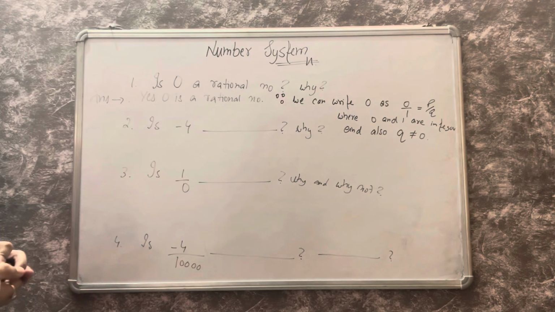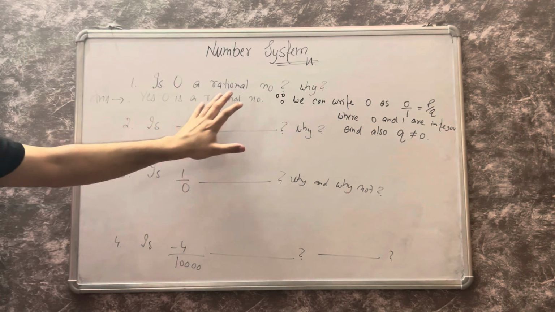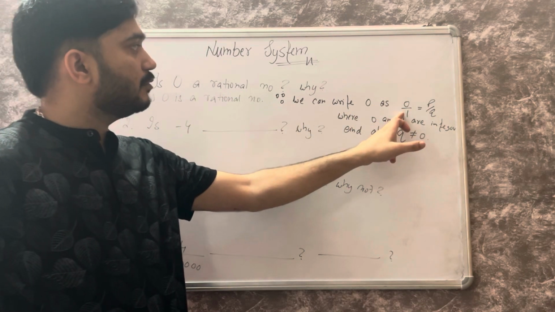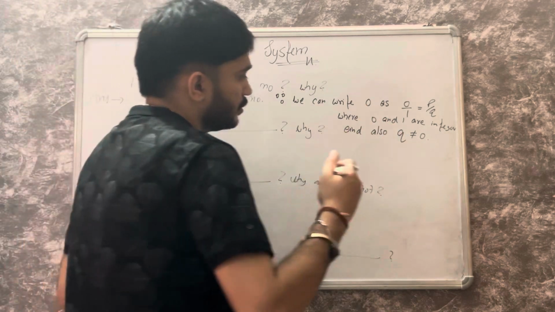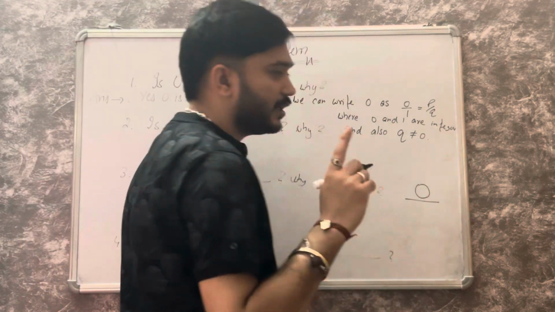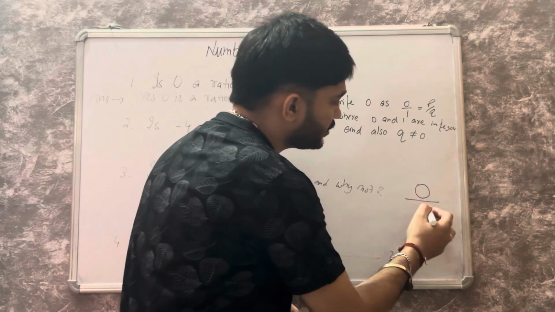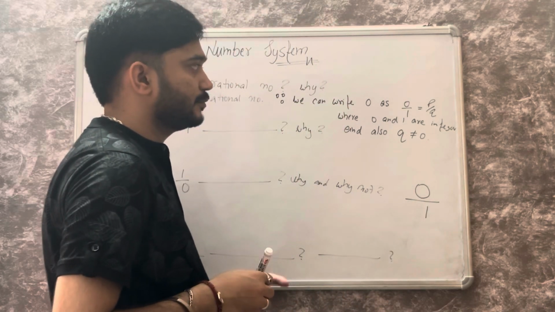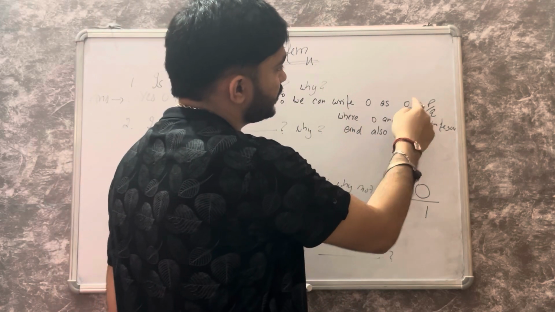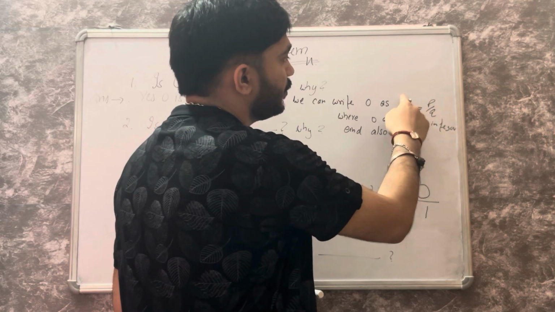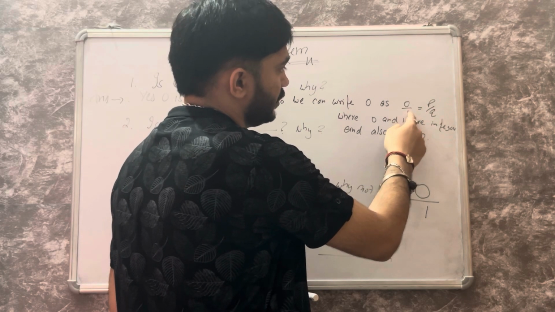Any doubt? We can write 0 as 0 upon 1 because for any number whose denominator is not given to us, its denominator is 1. And you can write 0 as 0 upon 1 where the value of P is 0 and the value of Q is 1.